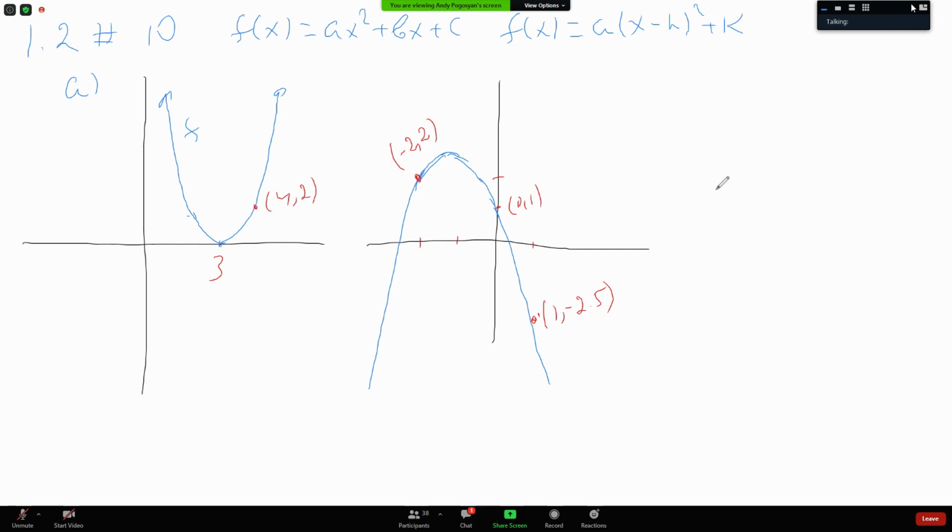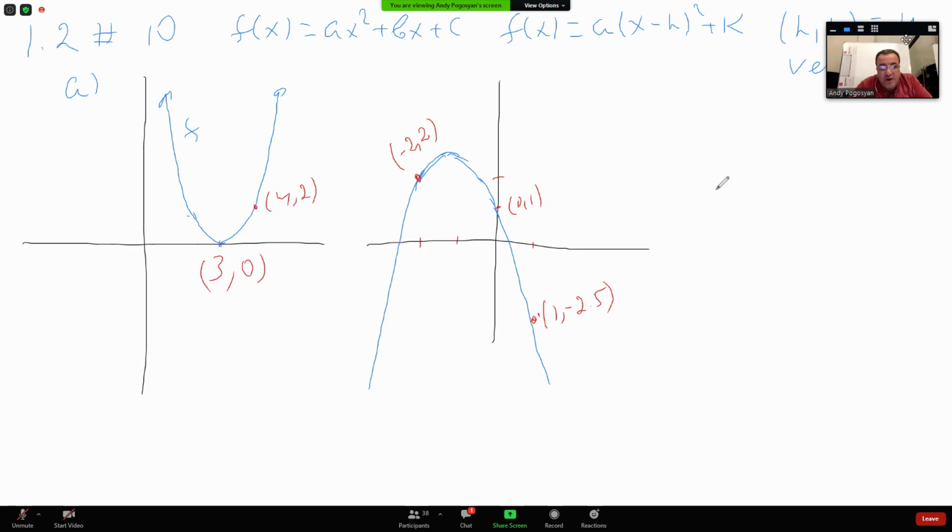Because it moves over to the right 3. h, k is corresponding to what? The vertex, right? For the first graph, the vertex is given to you. It's 3, 0.